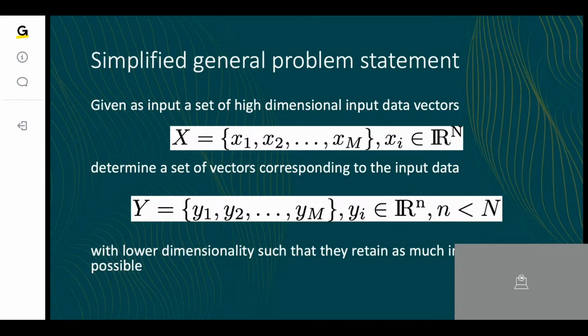So essentially, if you think about it, the structure of the problem is the following: you have been given as input high dimensional input data vectors, right? Let's denote them by X. These are in very high dimension, capital N, let's say.